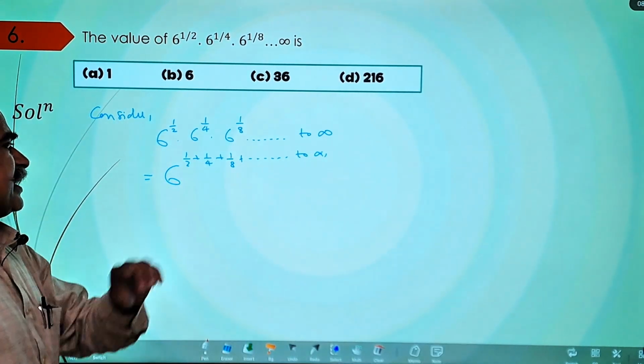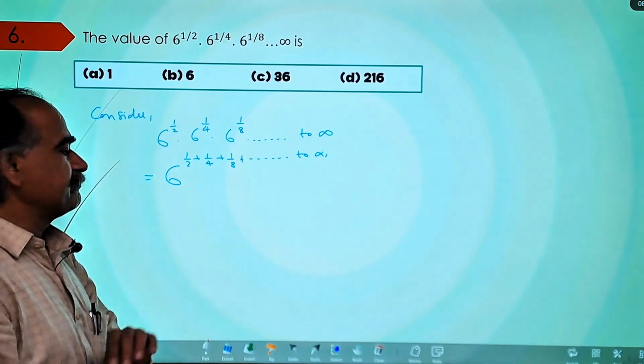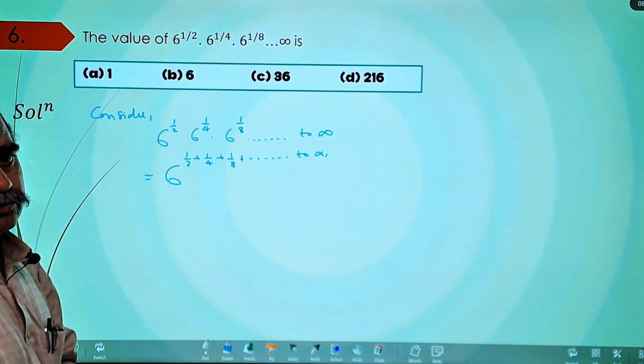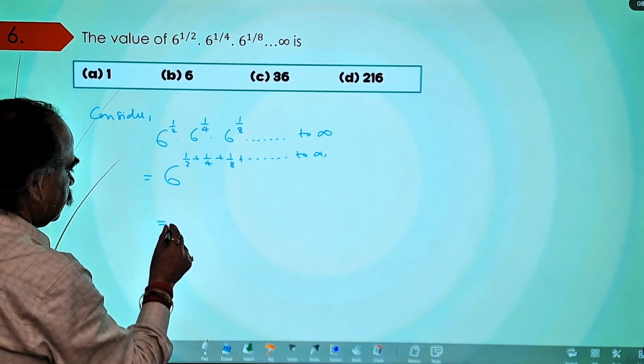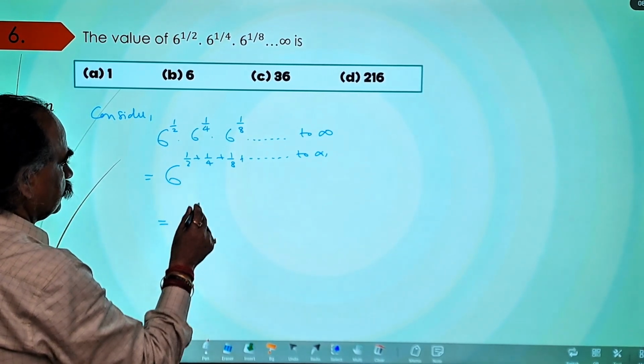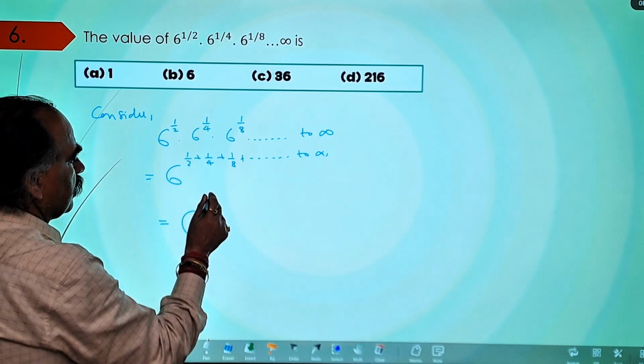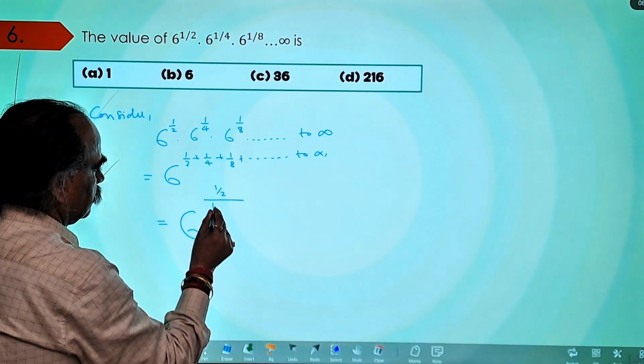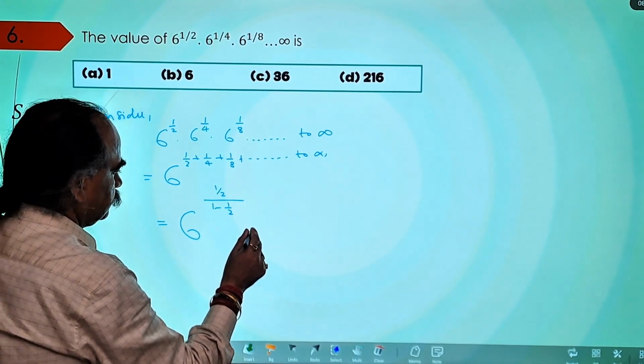Now this is infinite GP with first term 1 by 2 and common ratio also 1 by 2. So sum is what? 6 raised to a upon 1 minus r. a is 1 by 2 upon 1 minus 1 by 2.